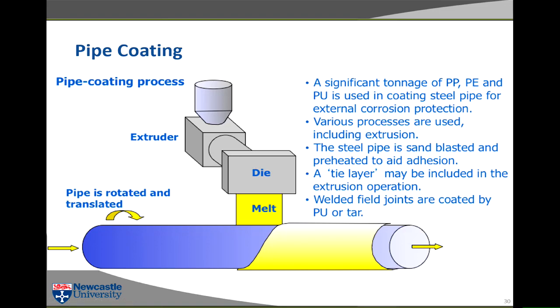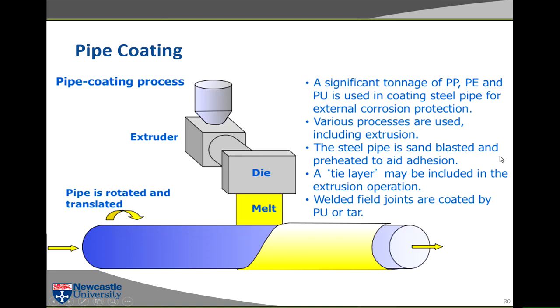So the extruder extrudes a flat sheet of, say, polyethylene here, and then the pipe is passed through it and it's rotated and moved at the same time. So the pipe is helically coated with this external coating. So that's quite widely used. So a significant tonnage of these polymers is used for coating steel pipe for external corrosion protection. Various processes are used, but this is the most common one.